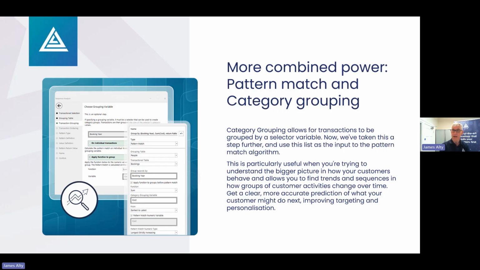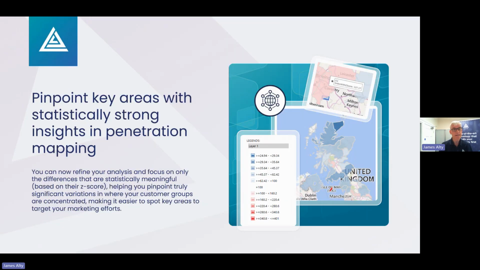So I'll show this in a minute, but it would let you look at a group of transactions, aggregate a measure, so count them, sum them, average them, and then look to see if there's a trend across those. So you could group by month and then see if there's a pattern across those months, for example. So a powerful tool if you're doing analytical work.